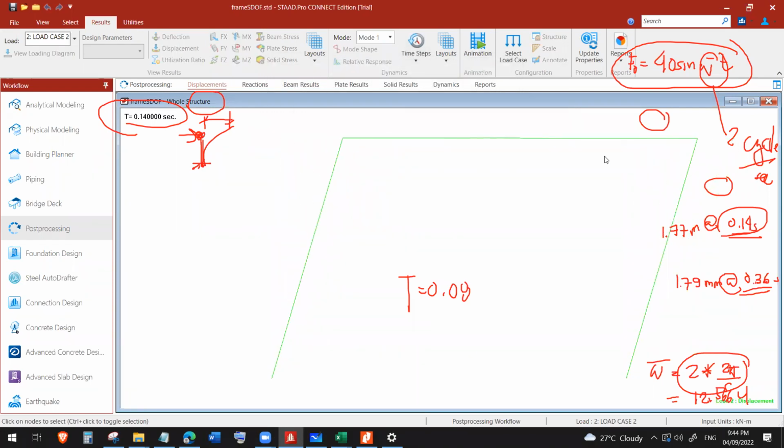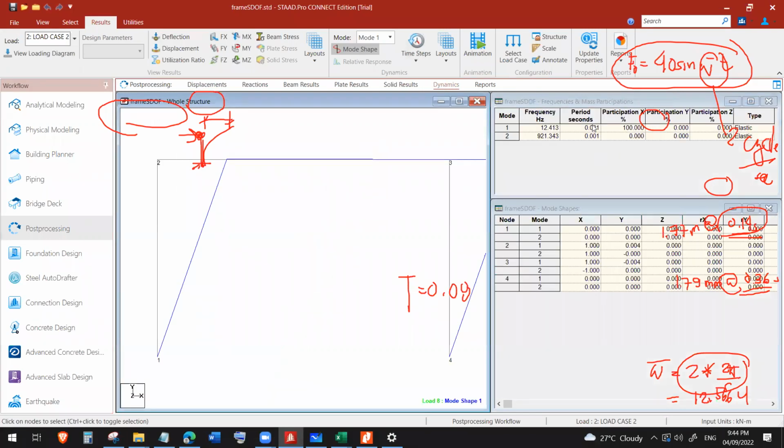So that's the peak response or peak deformation at about 0.14 seconds. And this is the period, 0.08 seconds.